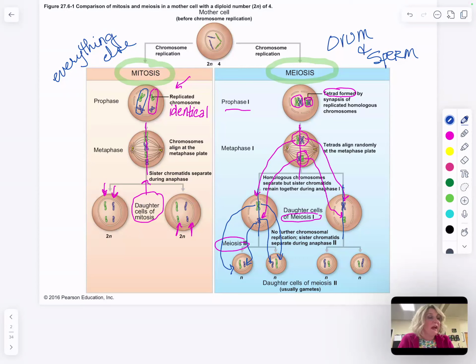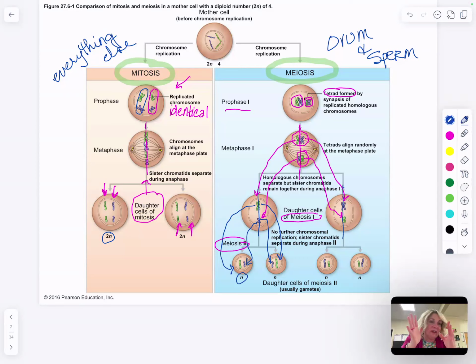So what you end up having is, instead of two identical chromosomes in the cell, you only have half. You only have one. Okay, so it's half.